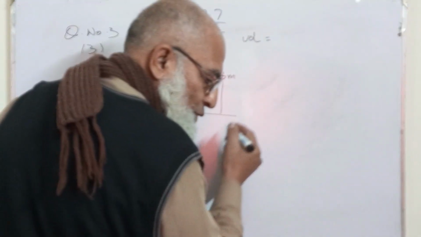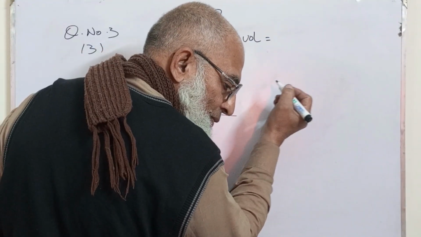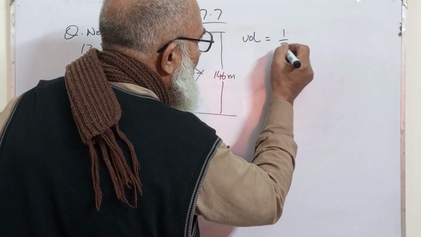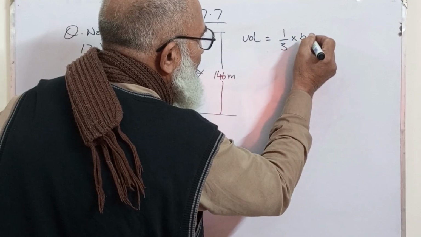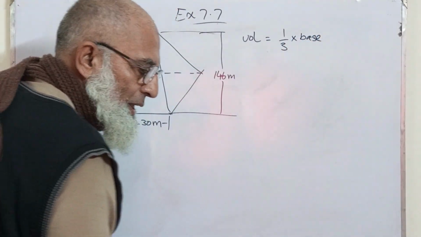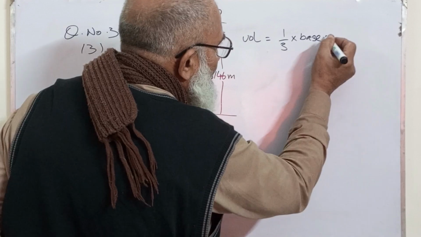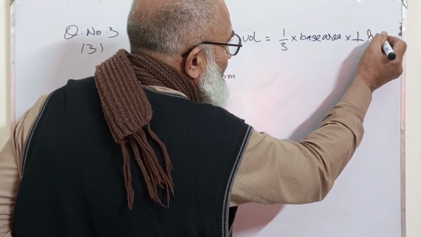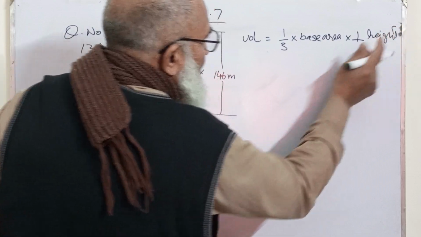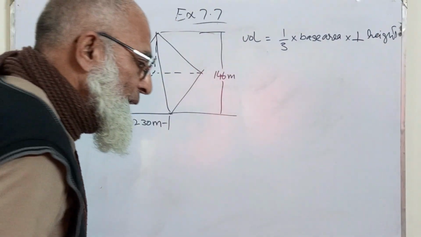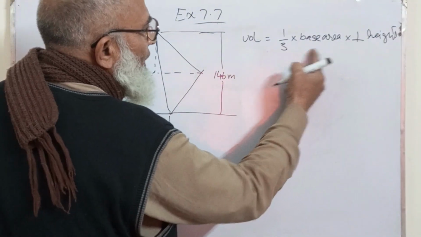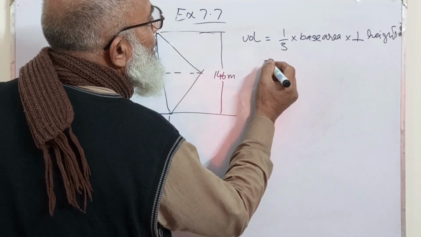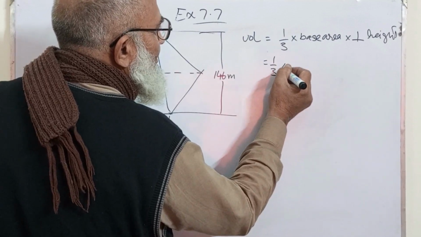Volume, as you know, is 1/3 multiplied by base area multiplied by perpendicular height. Now everything is given. Just manipulate 1/3, base area, height.